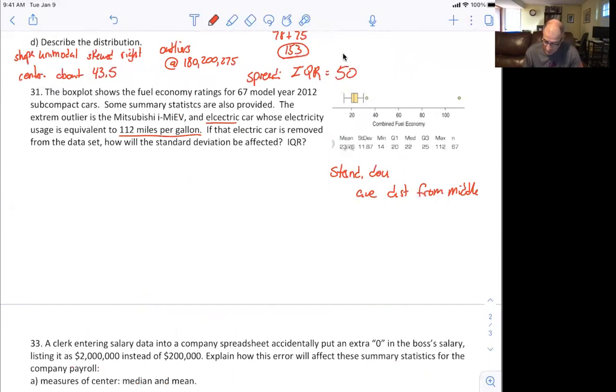So this piece right here is a long way from the middle. When I figure out the average distance, this piece is contributing a ton to that average. So if I remove that piece, my standard deviation has to get smaller.